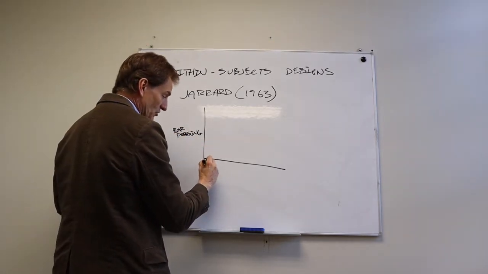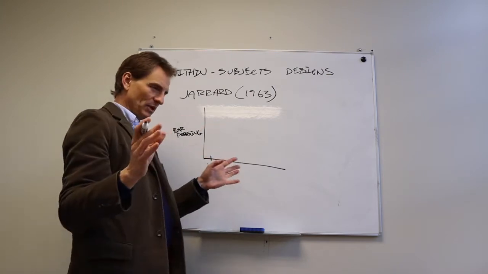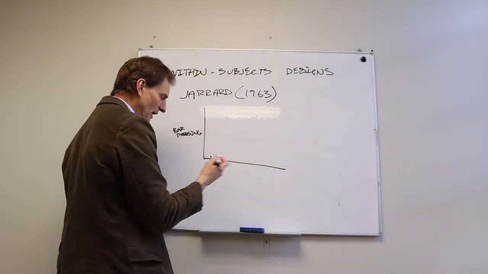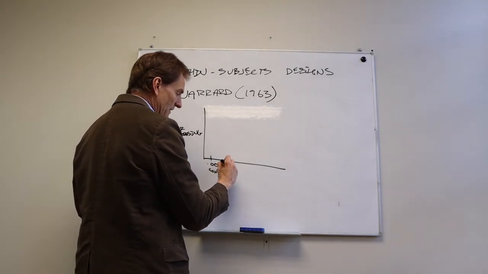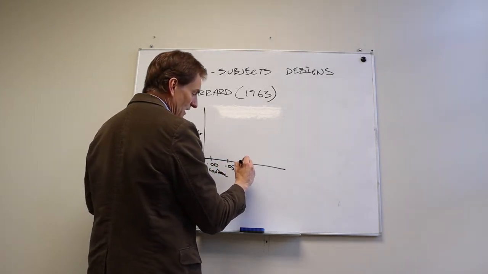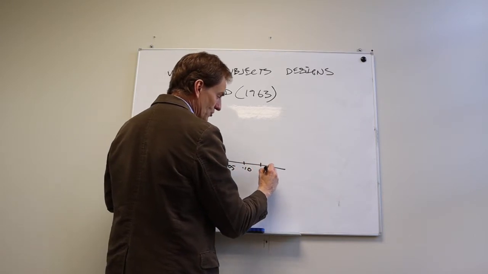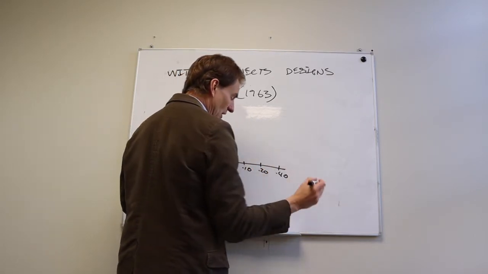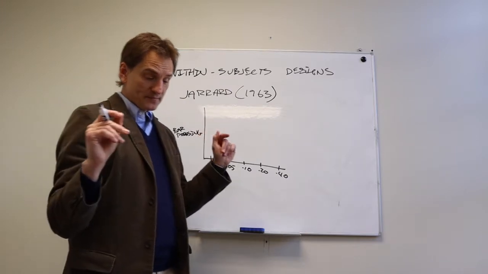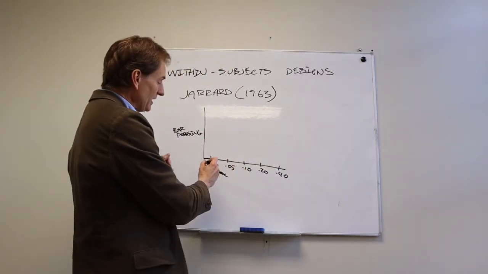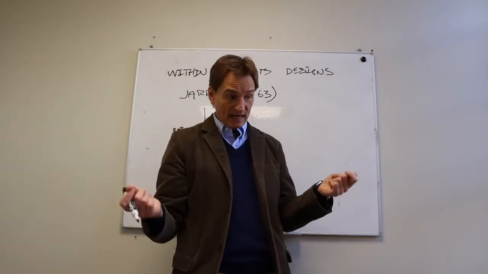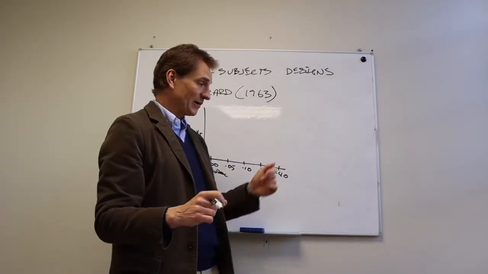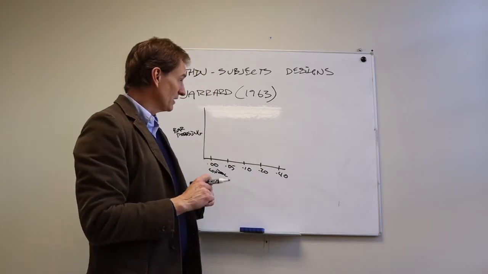And so he has a control condition, and this is something like milligrams per ounce of body weight, and that's our control. And then he's got 0.05 and 0.10, 0.20, and 0.40. And so you're not going to give them to them in this order. You're going to counterbalance it.